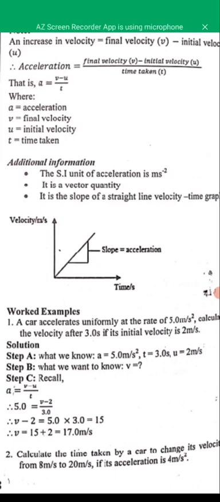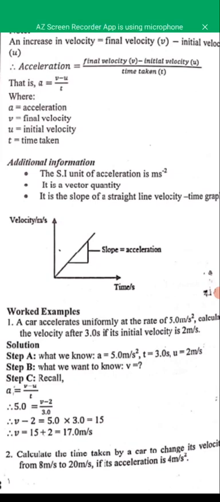A car accelerates uniformly at the rate of 5 meters per second square. Calculate the velocity after 3 seconds if its initial velocity is 2 meters per second. Now, this formula for acceleration, a equals v minus u over t, is also one of the equations of motion.